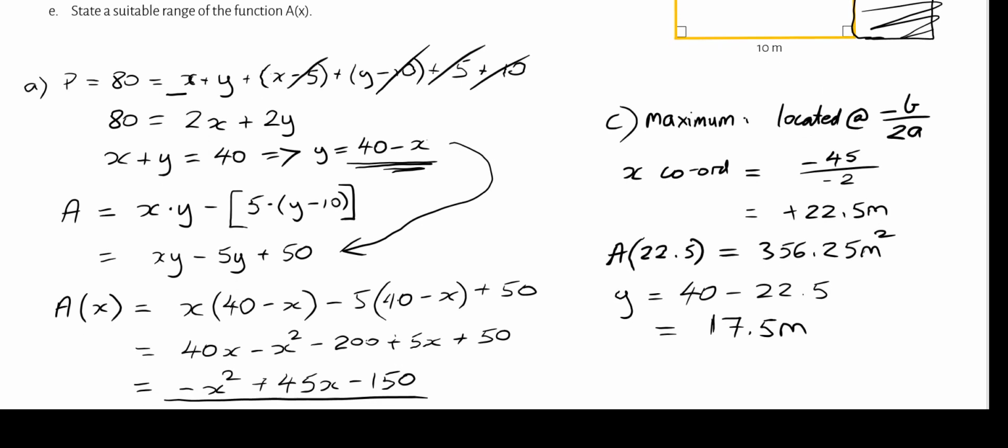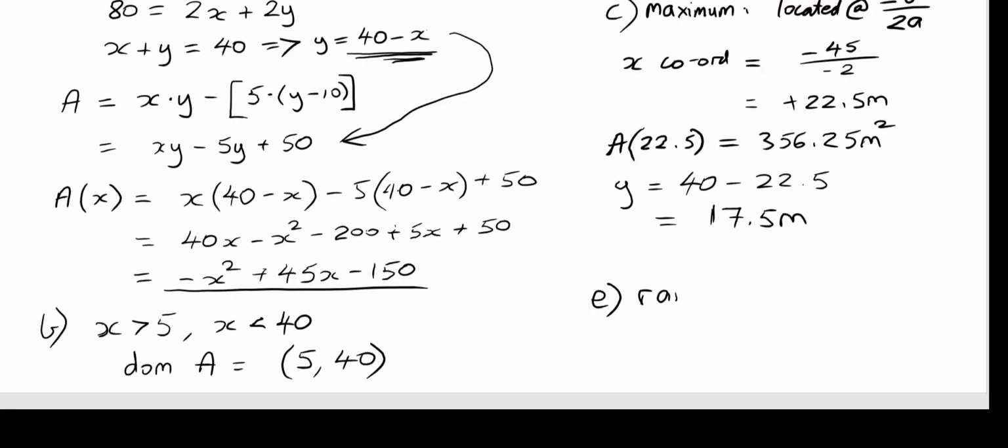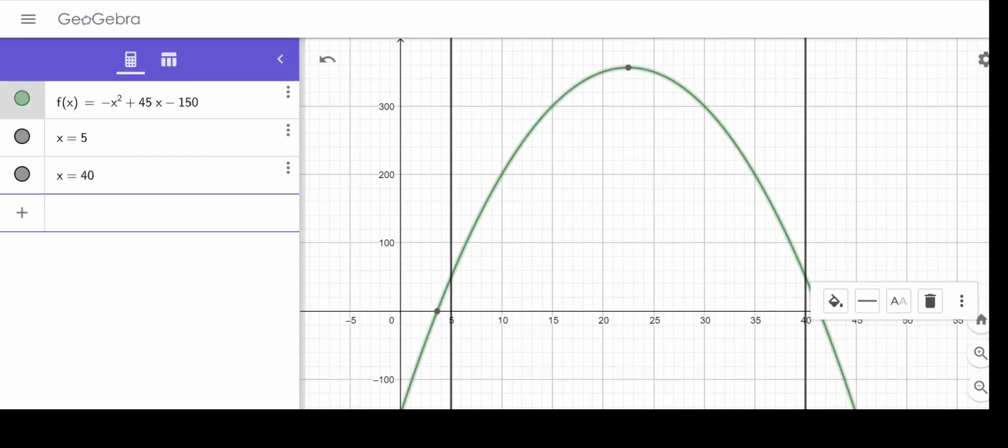On the last part E, state a suitable range of the function. The range of A of x, so we go from the lowest point here at 50, not inclusive, all the way up to its maximum up here.